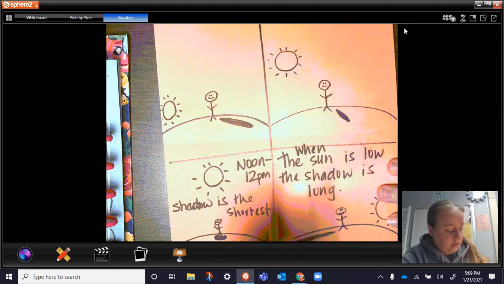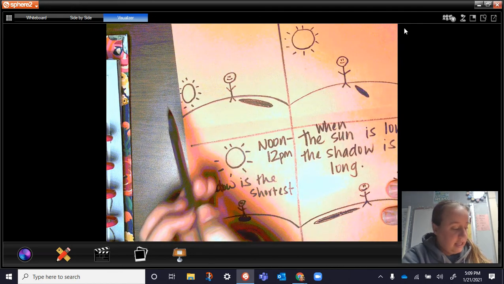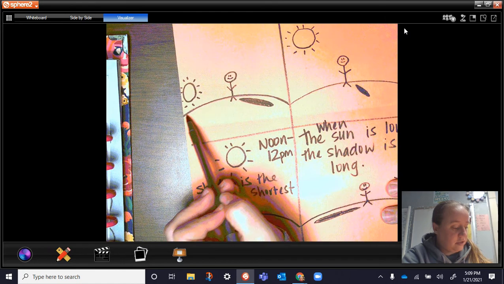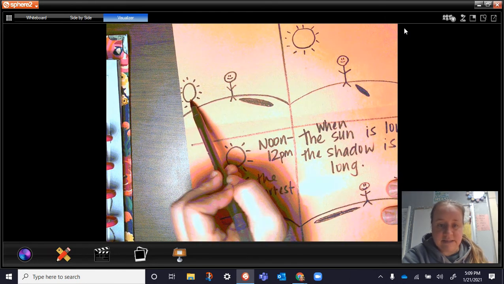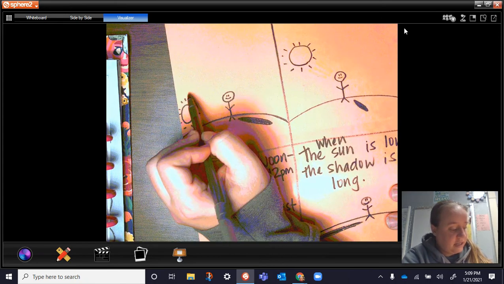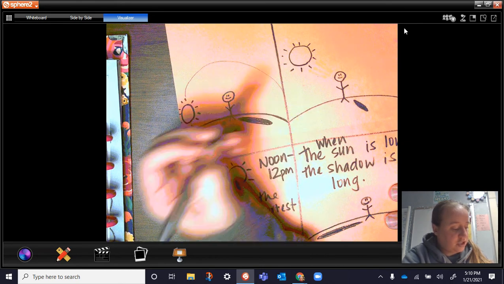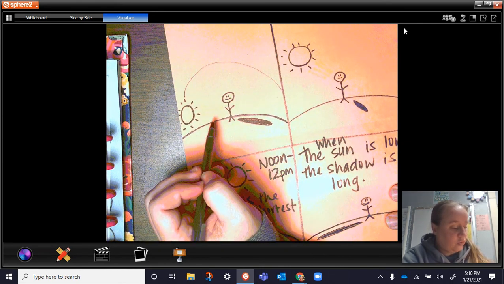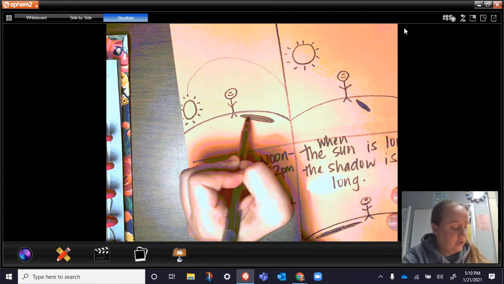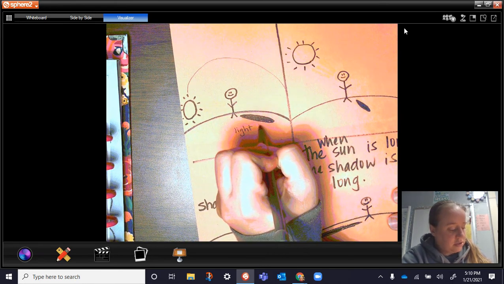We put a big cross in the middle, separated this into 4 sections, and we have our person standing here on this hill. Here's the horizon. So the sun is rising in the east, and throughout the day it's going to look like it's traveling, but it's actually not traveling. We're the ones that are moving. So we talked about that. And we talked about what a shadow is, when the light is blocked.